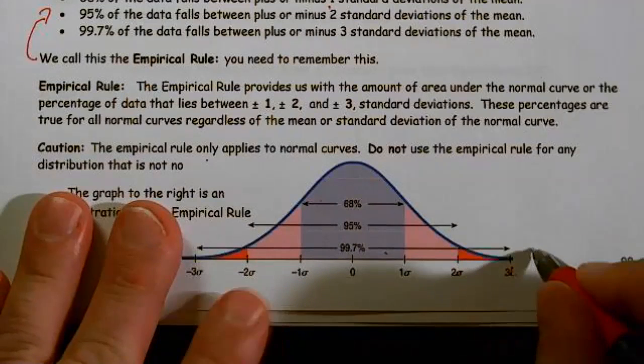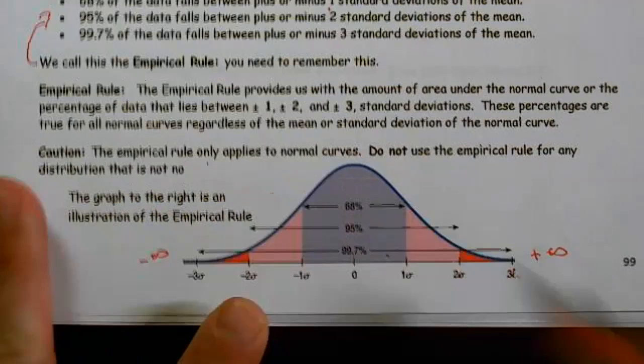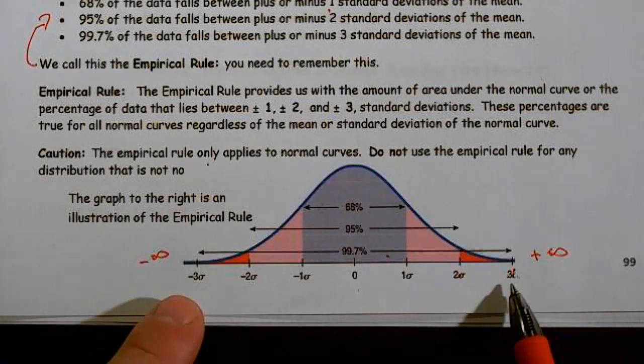Now, please remember, this goes to positive infinity, and this goes to negative infinity. So there's a little bit more out there, but not much. There's not much in the tails, okay? Once you get beyond 3 standard deviations, there's not much there.